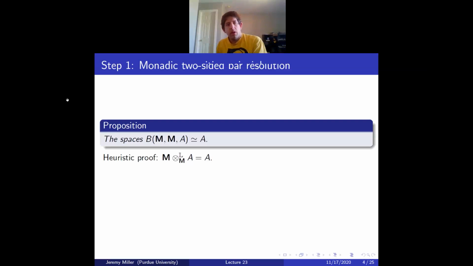So we want to prove this, and you should maybe think that this thing is roughly a tensor product, of whatever's in the right slot with whatever's in the left slot over whatever's in the middle slot. And if you tensor a ring over itself with something, that just cancels.